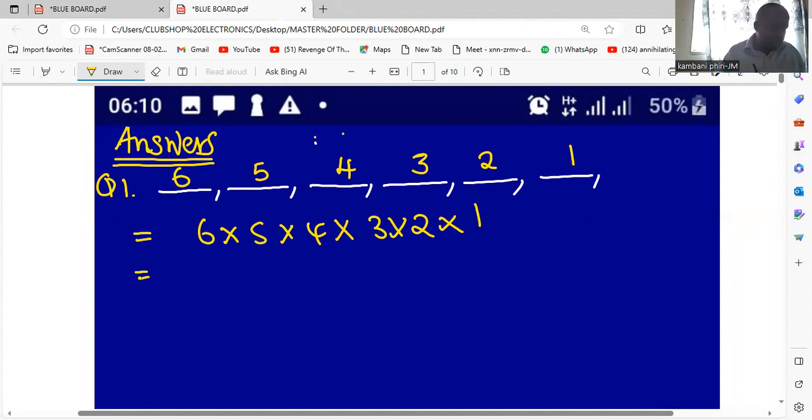You can get your calculator, or you can just work it out. So this is 6 by 5 by 4 by 3 by 2. What do we get?